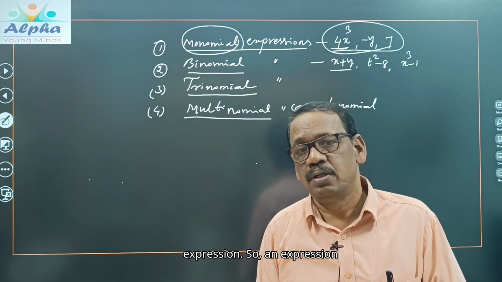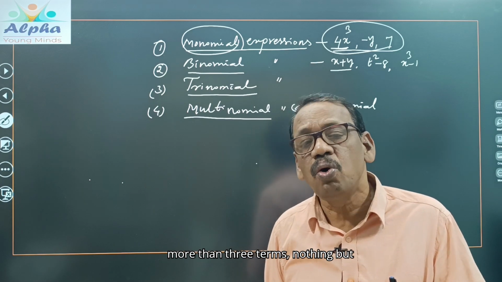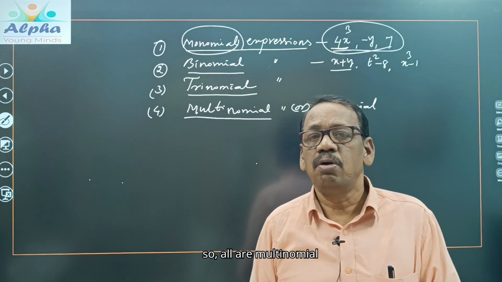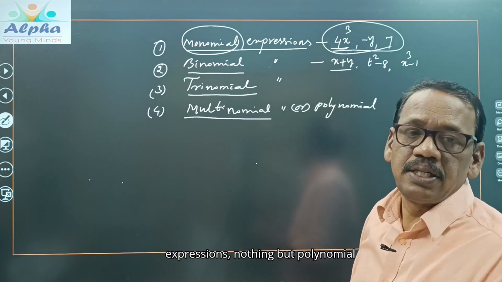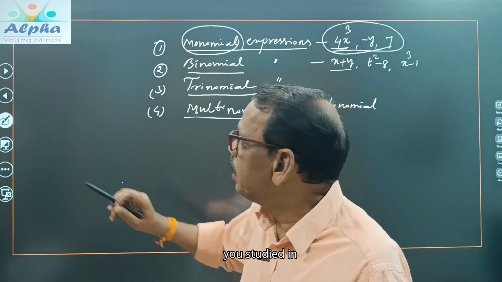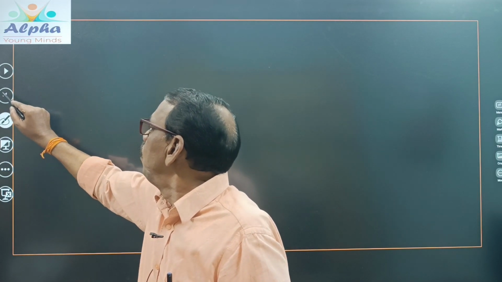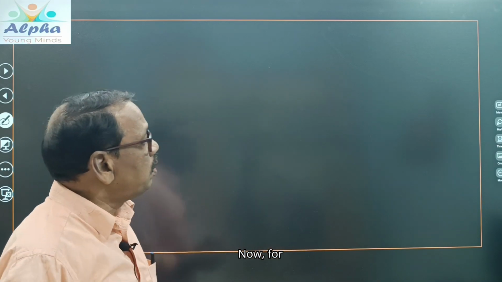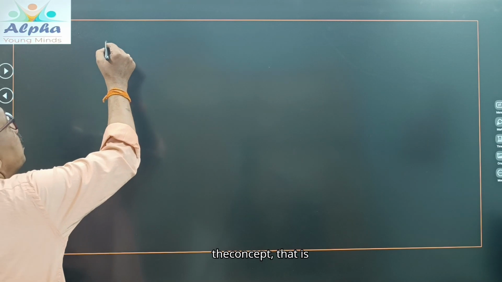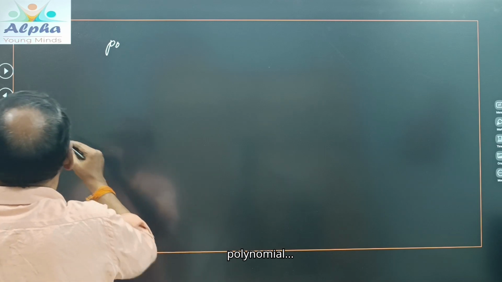An expression which contains more than three terms, nothing but 4, 5, 6, 7, and so on, are all multinomial expressions, nothing but polynomial expressions. So these you already studied in class 8. Okay, now for example, come to the concept, that is polynomial.